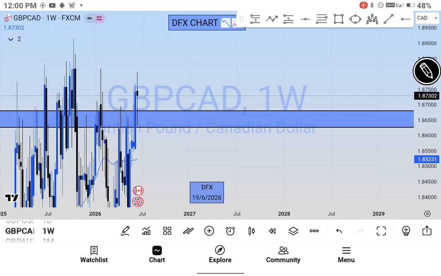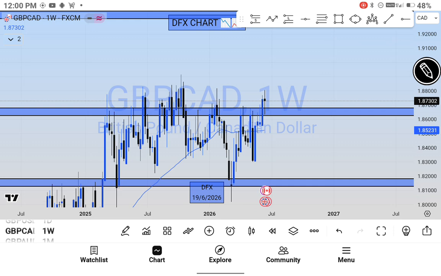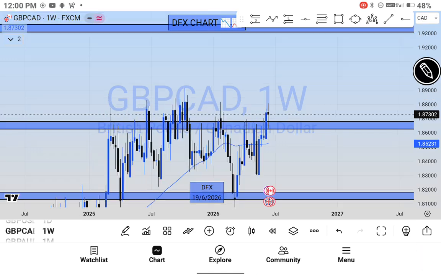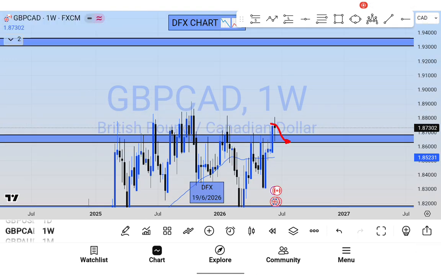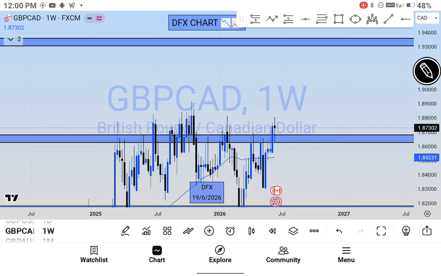Now Pound CAD, just as we analyzed last time, on the weekly time frame we just broke above a major resistance, right? So we expect the market to pull back and then start trading to the upside. With this candle close last week, it is actually playing in our favor for now.